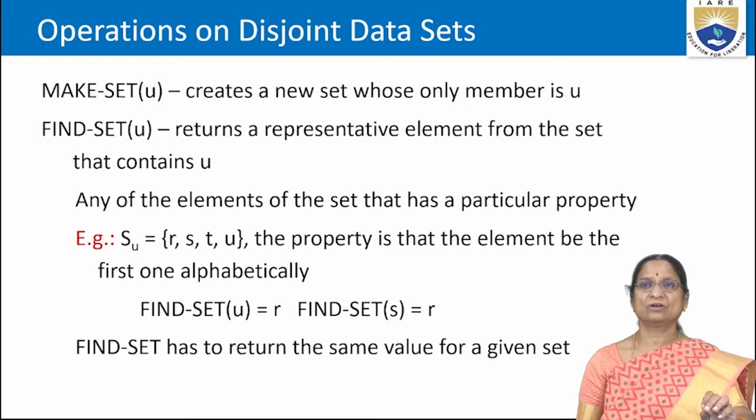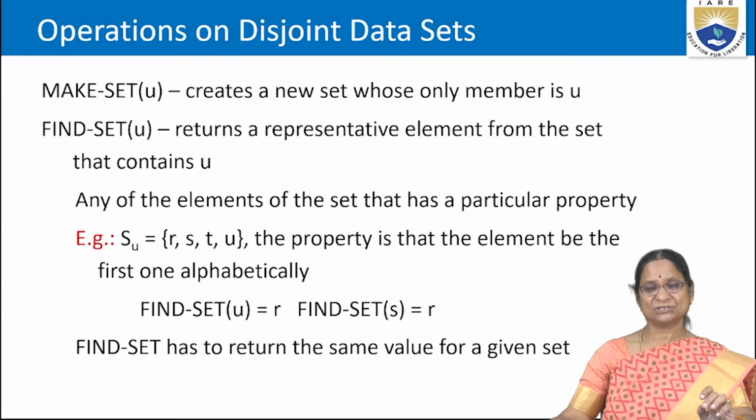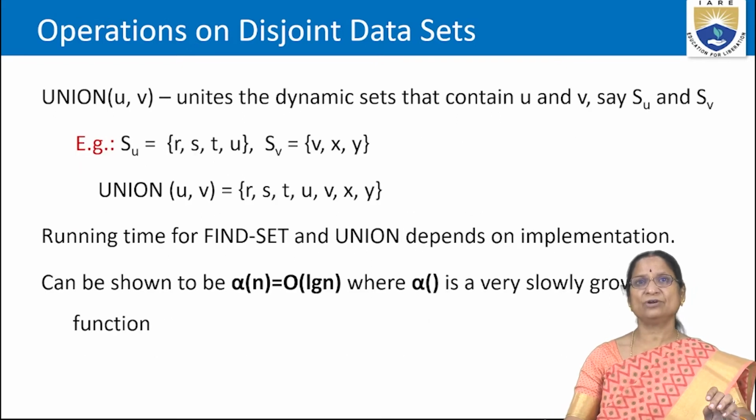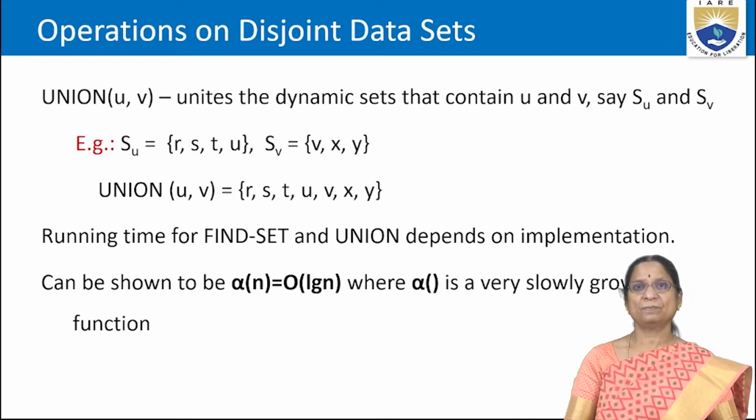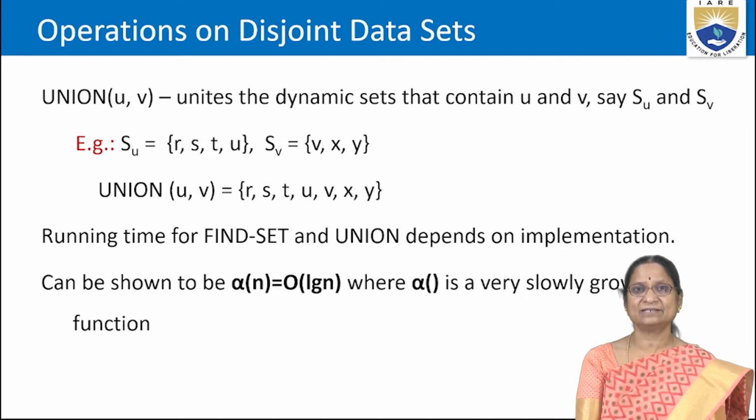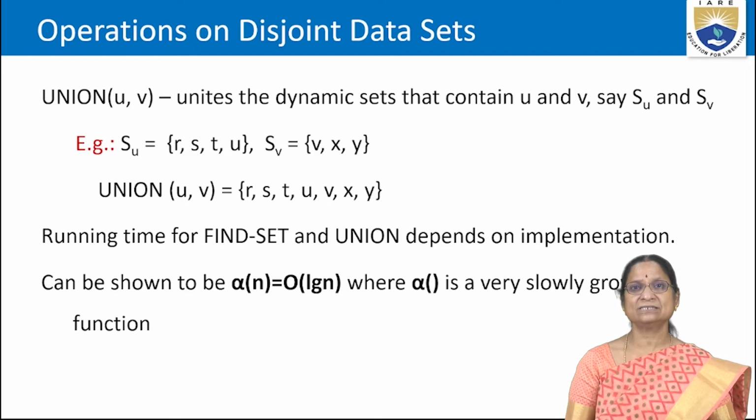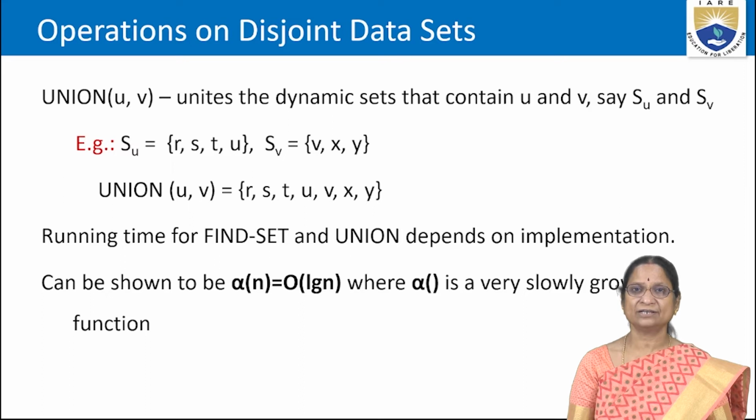So, what is the special data structure we are using? We are going to use the operations of the disjoint set data structure, which has three operations: make set, find set, and union. Make set creates a new disjoint set. Find set returns the representative or the tree name to which the respective vertex belongs.